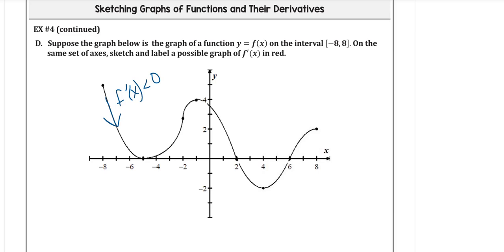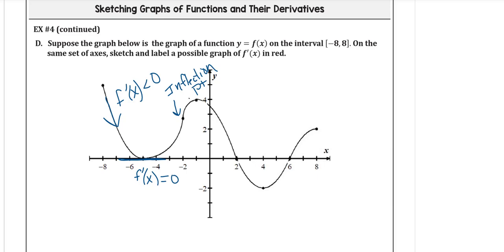Here we have a horizontal tangent line, f prime of x will equal 0, and this is going to be an inflection point, because that's where the curve flips over from concave up to concave down.